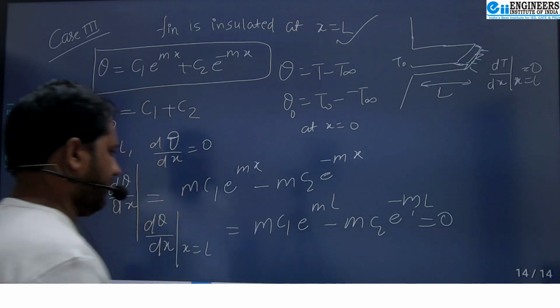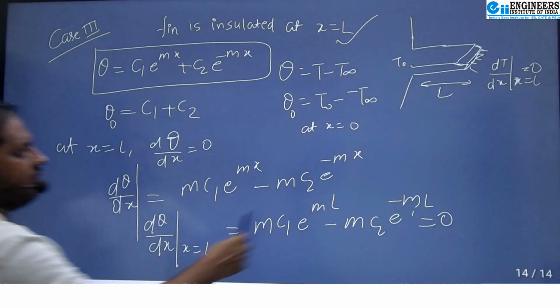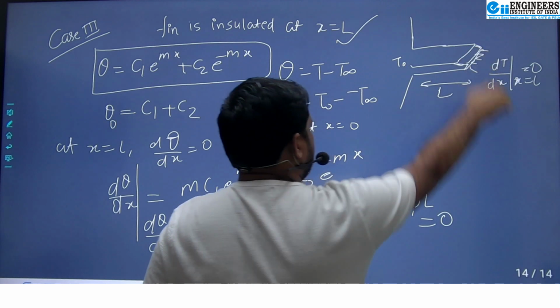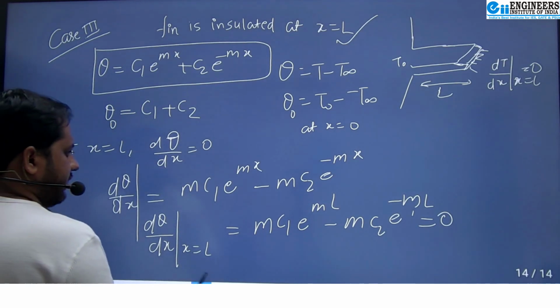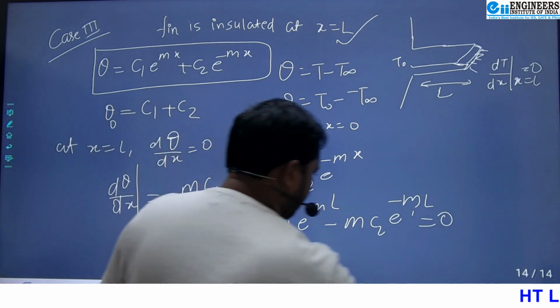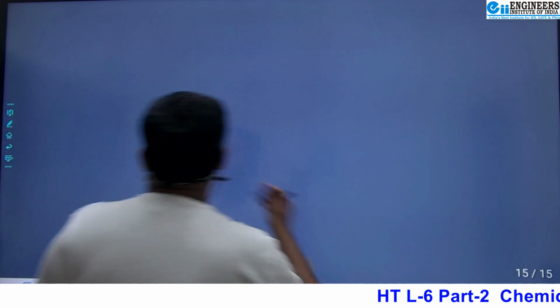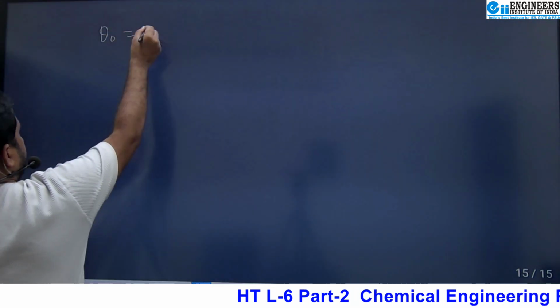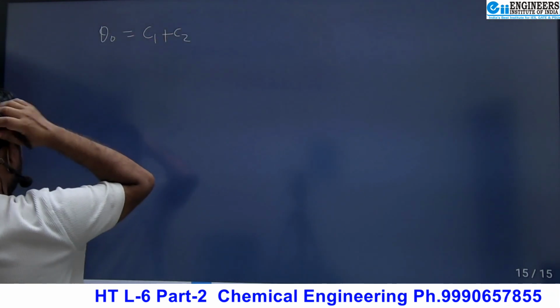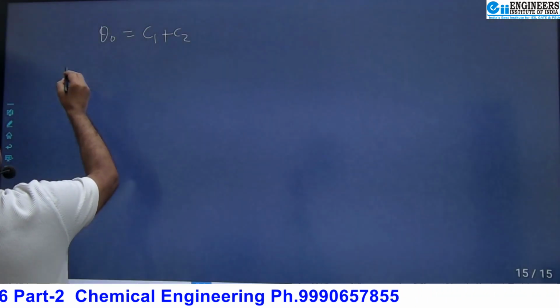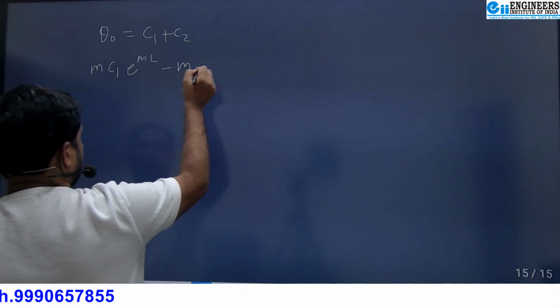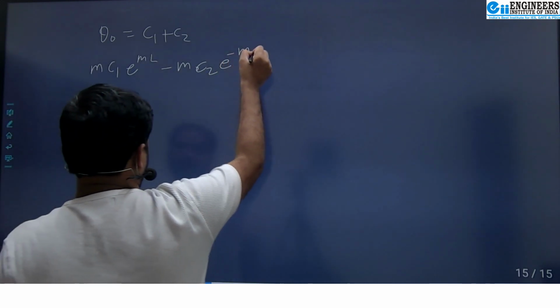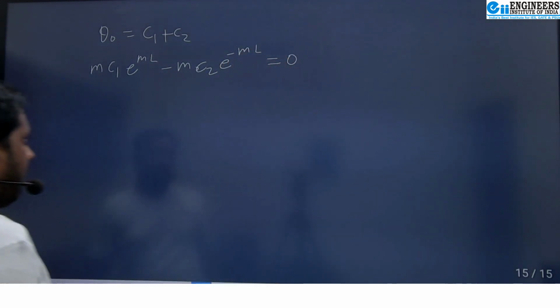This is the condition given at the tip of the fin, that the fin is insulated. Now we are reaching two equations again. The first equation is theta naught equal to c1 plus c2, and the second is m c1 e power ml minus m c2 e power minus ml equal to 0.